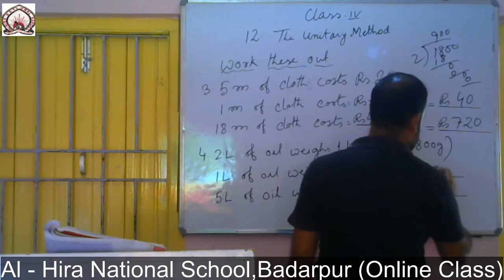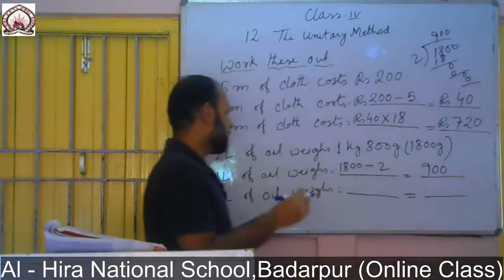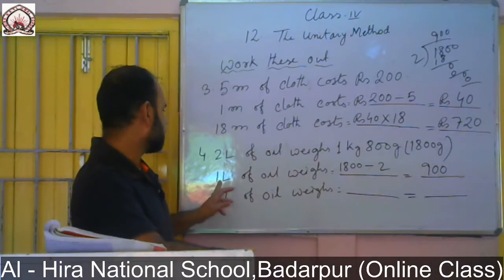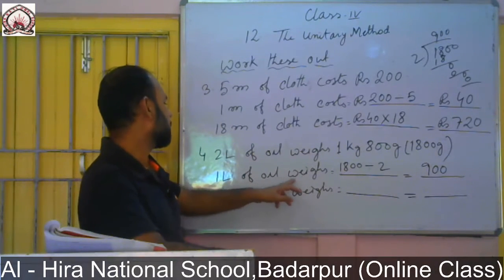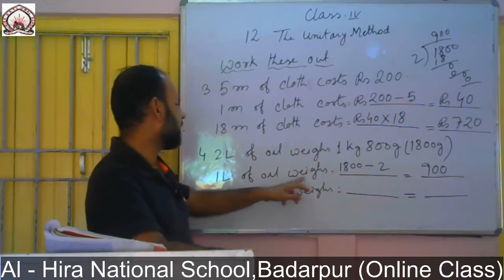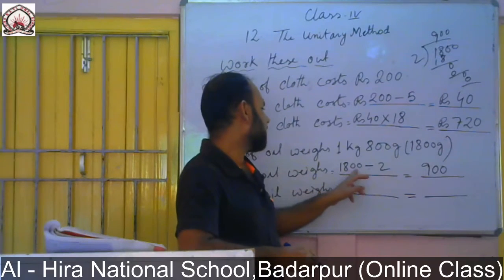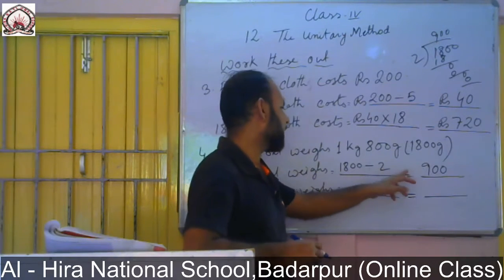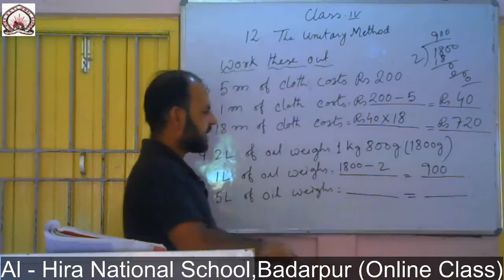Answer 900 grams. 1 liter of oil weighs 1800 divided by 2 equal to 900.